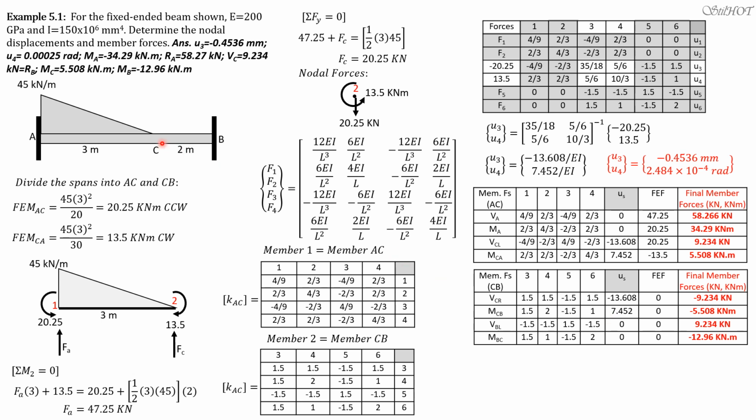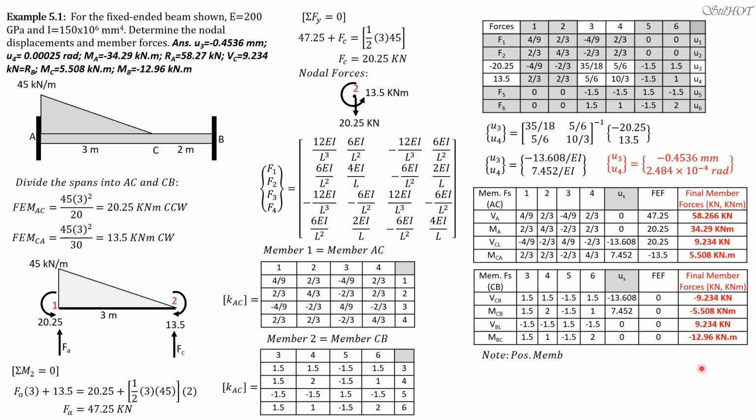Take note that there's no change in shear between C and B. That's why we expect the same shear; they are only opposite in signs. Then finally, for moment BC, 1.5 times negative 13.608 plus 1 times 7.452 plus 0 equals negative 12.96. So these are the member forces.